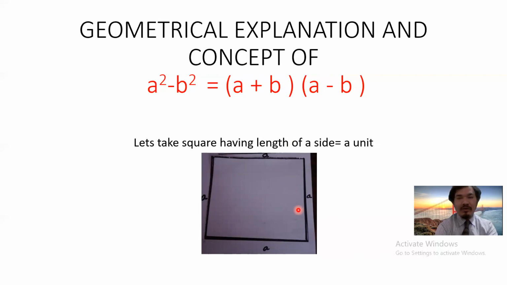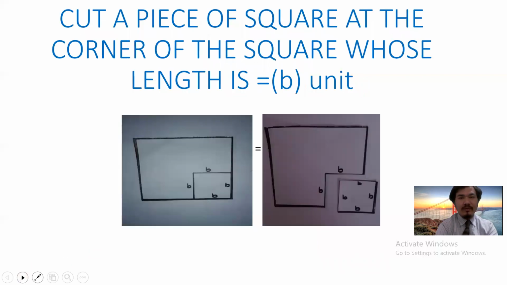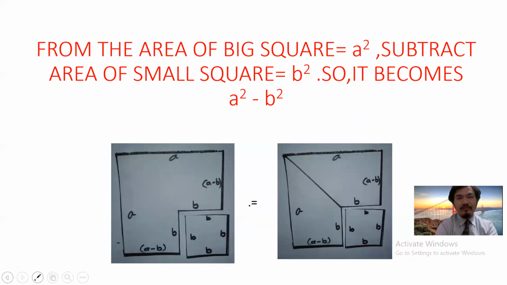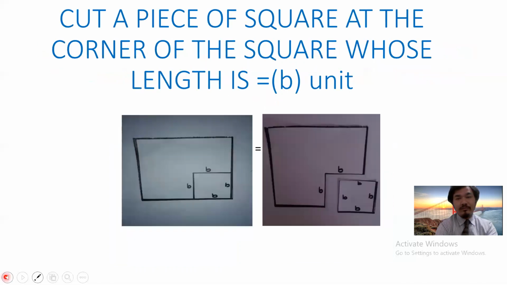Now let's see another figure. Look here. After that, in the square we had taken first, whose length was a, we have to take one small square at this corner.